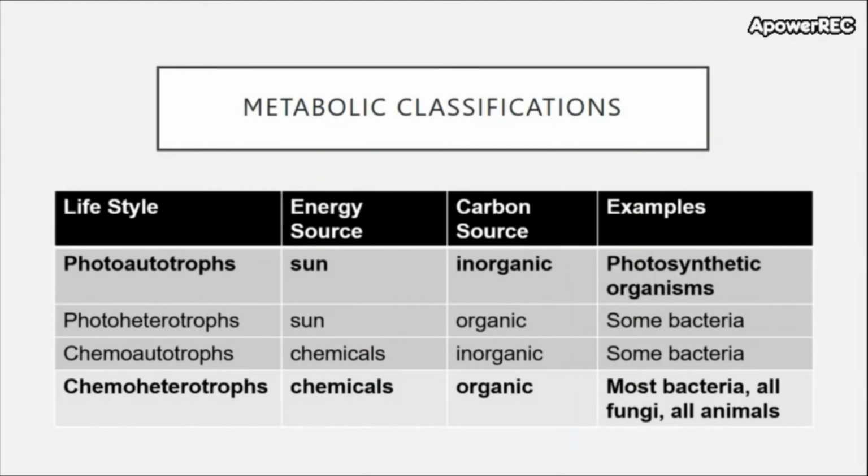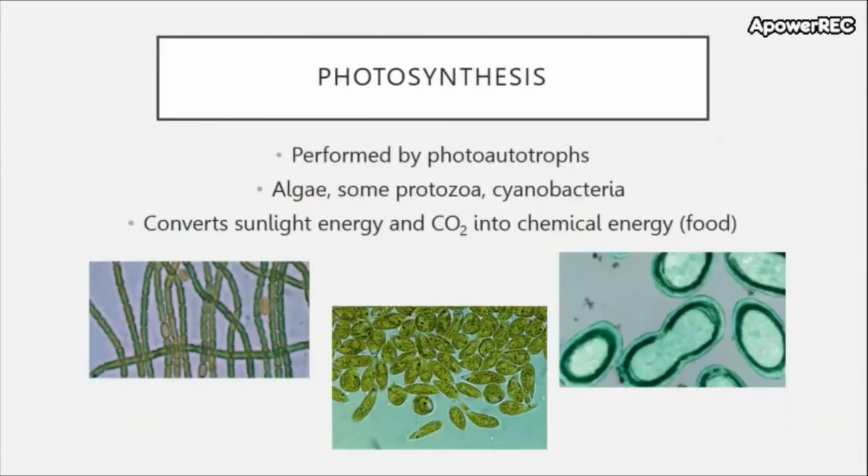I am just going to talk very briefly about photoautotrophs, because without photoautotrophs, most of the organic matter that we have here on planet Earth would not be available for use. That's because most of our energy comes from the sun, and it's used to convert inorganic carbon into organic carbon. It's done through a process called photosynthesis, which uses sunlight energy in order to synthesize organic compounds and obtain energy.